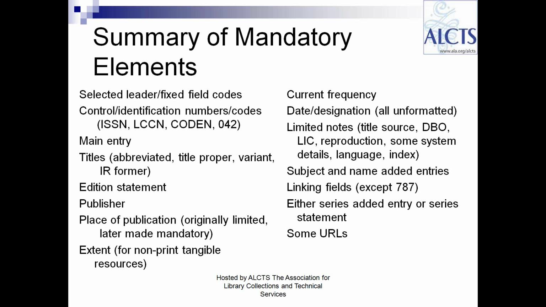What you see now is a summary of the mandatory elements that came out of that review. I'm not going to go over all of these, but I'm just going to mention a couple of them in passing. One of them is the place of publication, because we had originally made a decision based on the review of elements that the place of publication had value in very limited situations and that it really didn't have a universal value.